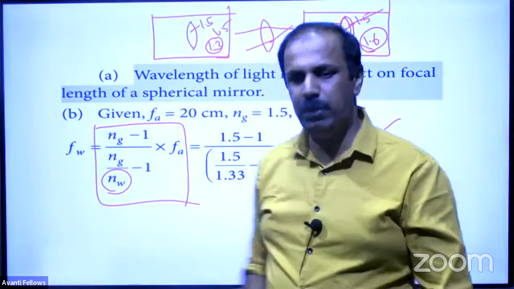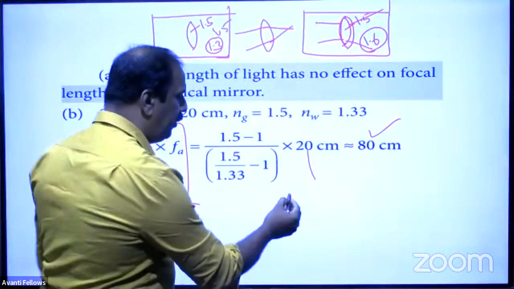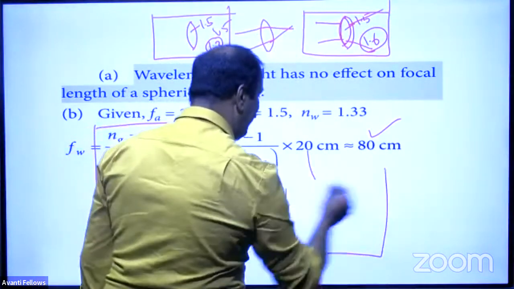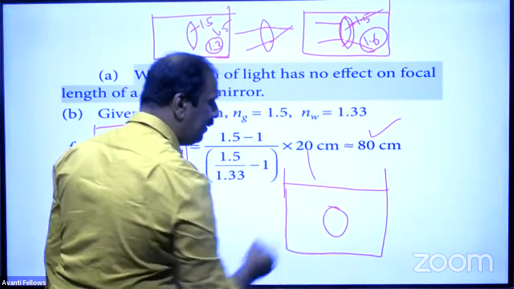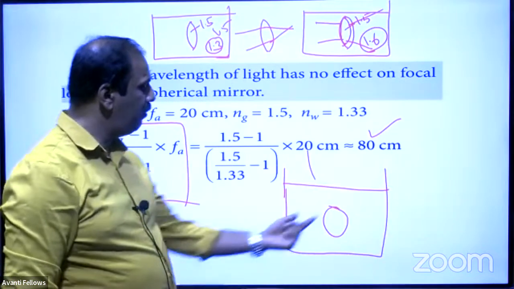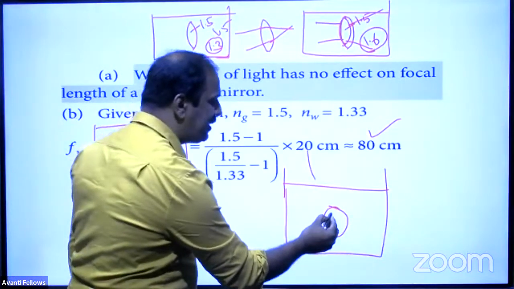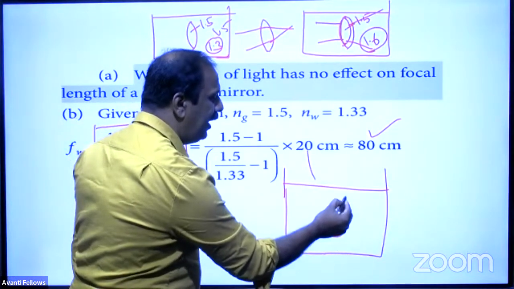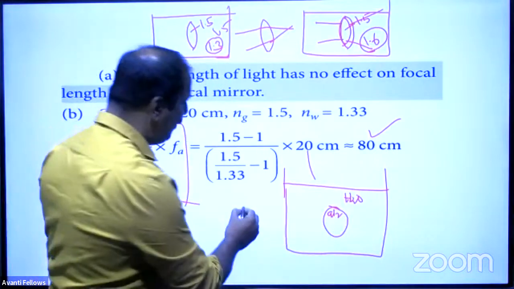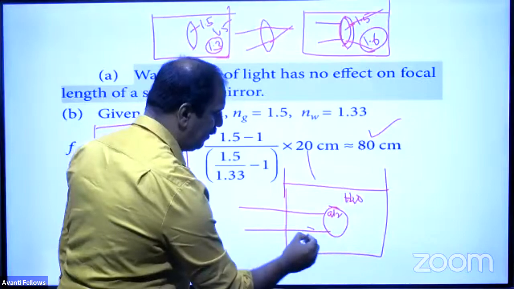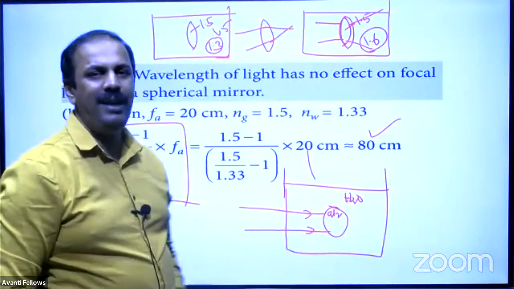So based on that, one more question I will tell you. Think about a water tank like this. In this water tank, we have a bubble. Inside this, air is there, and here we have water. So the light is coming like this. This will act like a lens.